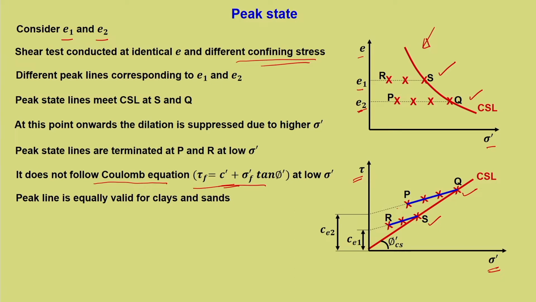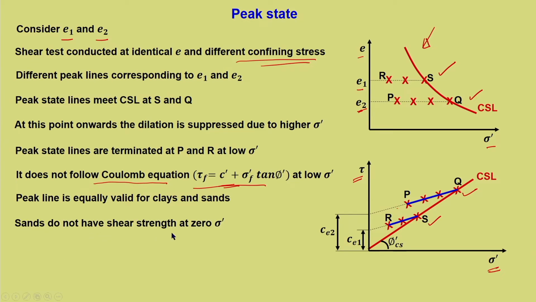But what about the condition close to zero confinement? Can it have cohesion? Definitely not. That is another reason why we say that in general Coulomb's envelope or Coulomb's equation may not be valid for lower stress condition.